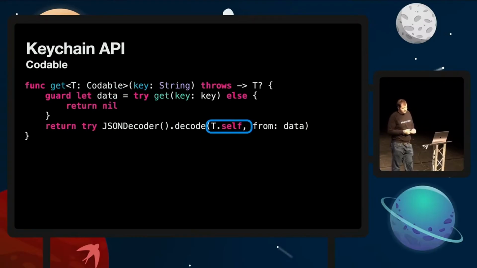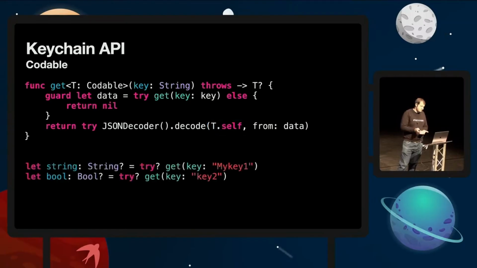So this will add support for structs, integers, booleans, everything that we want, everything that's conforming to Codable, custom types, everything you can shovel in there. This is the example usage. It's the only caveat: you need to specify the type you want to receive when you query data, because the compiler cannot know what you want to receive. It has to know the type in advance at the compile stage.